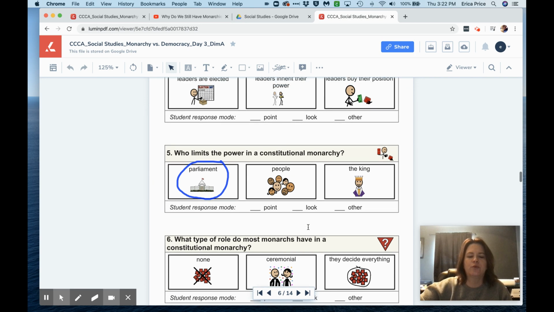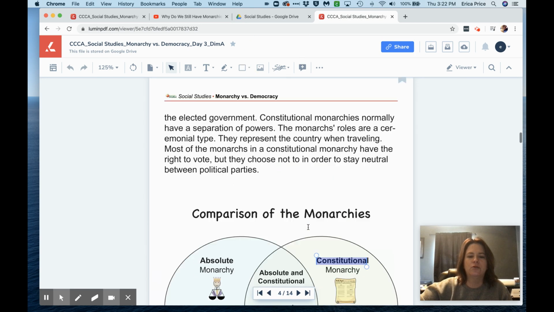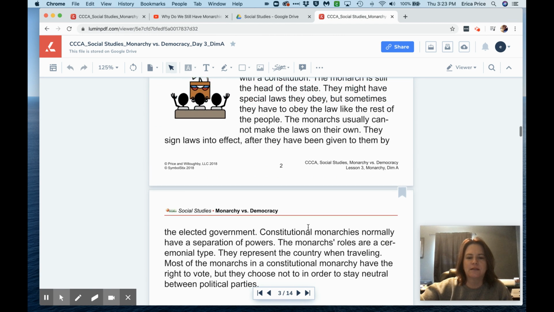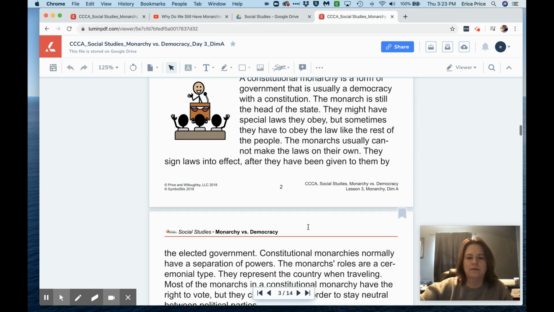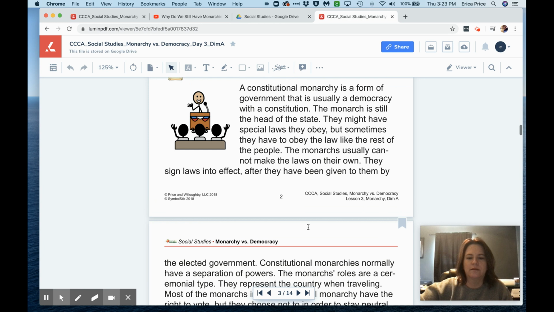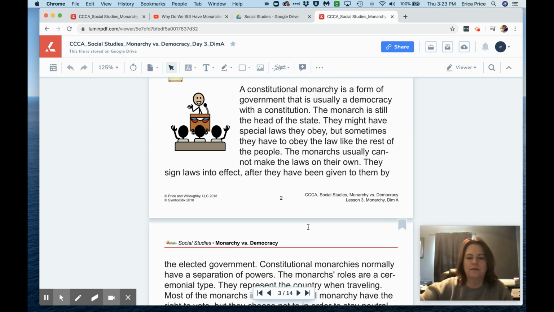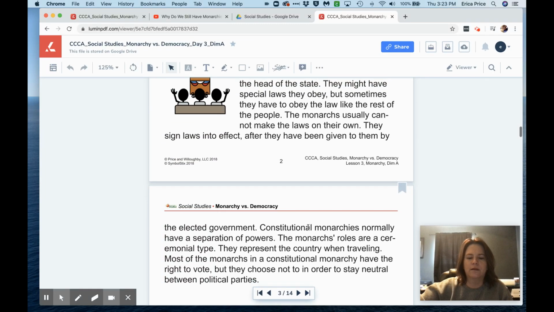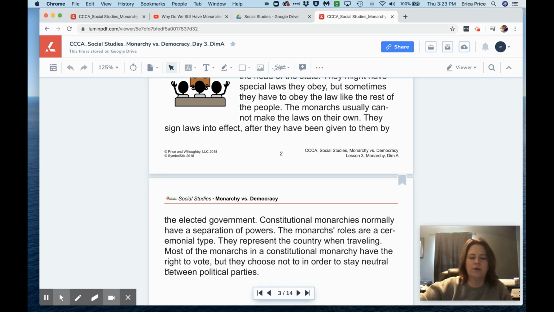Okay, let's run right back up here to the constitutional monarchy. We've got to find it in our text. Did I overlook it? Oh, right here. Sorry, how did I miss that? It says the monarch's robes are ceremonial in type.